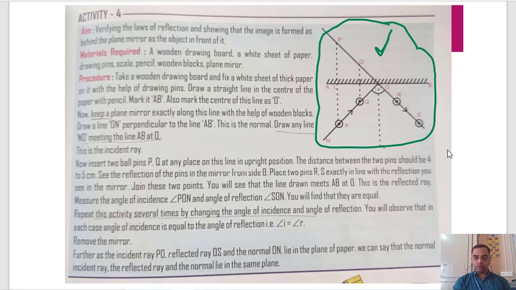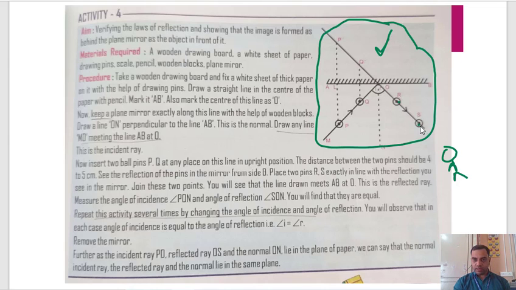From this side, you stand here and try to see these two points, because this is the incident ray, this is the reflected ray.